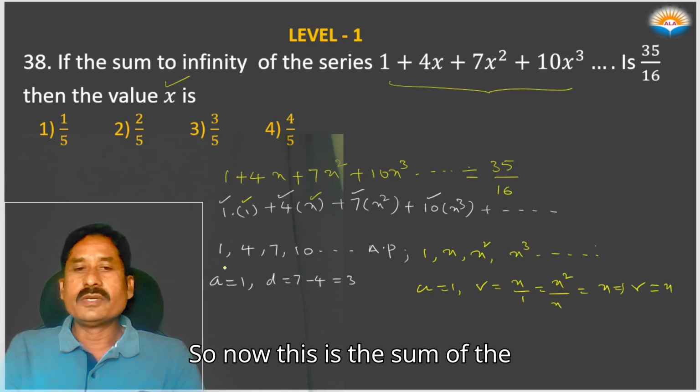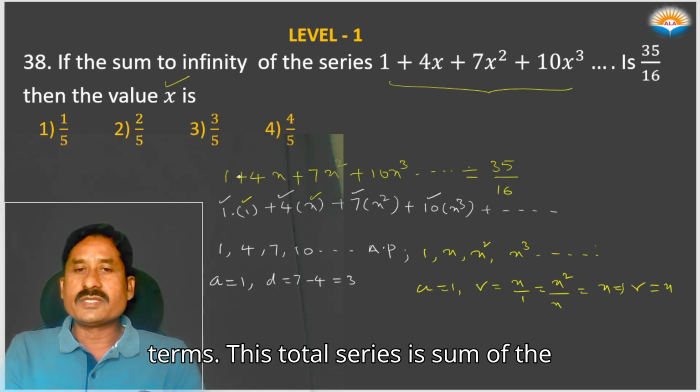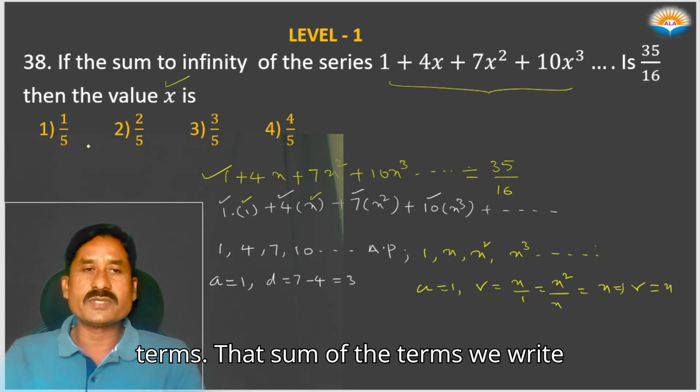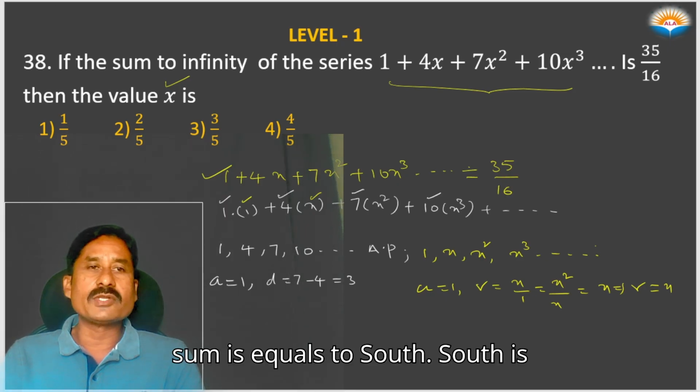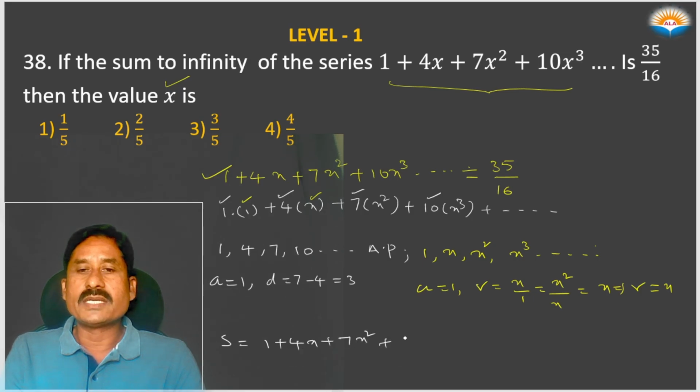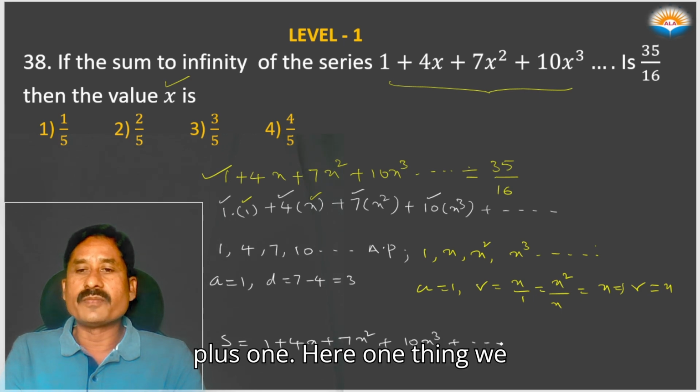Now this total series is the sum of the terms. We write the sum as S. S is equal to 1 plus 4x plus 7x square plus 10x cube plus so on.